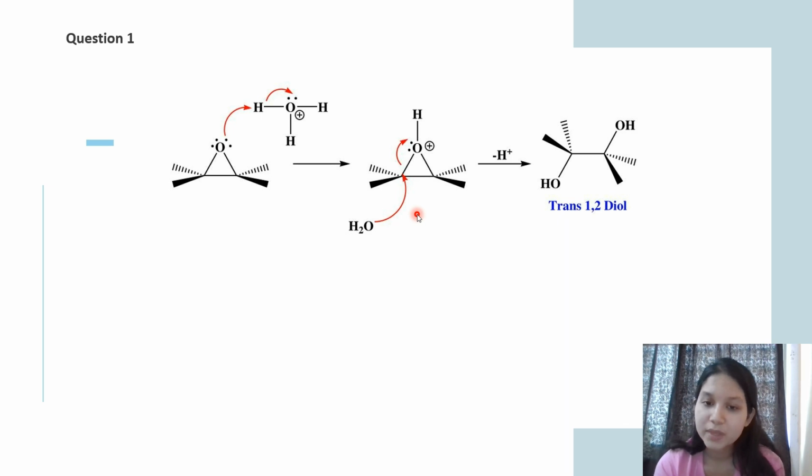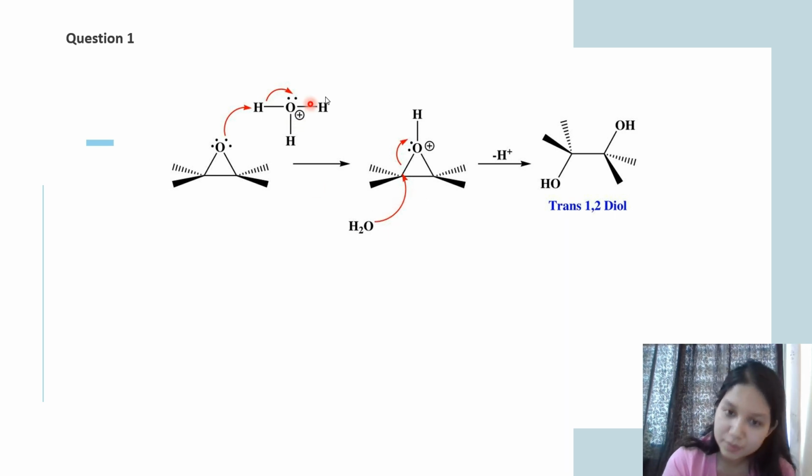It is because here you have donation of electrons from n to sigma star, the n orbital of the oxygen atom and the sigma star of this oxonium oxygen. So actually what happens is the molecular orbitals are arranged in such a way that if you want to donate electrons from one species to the other, due to the molecular orbital orientation, you have to consider the attack of the water molecule from the opposite face always.